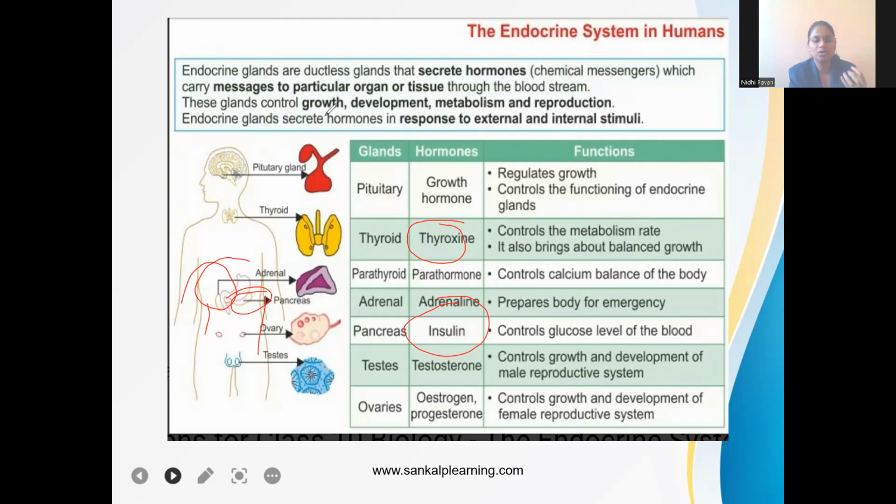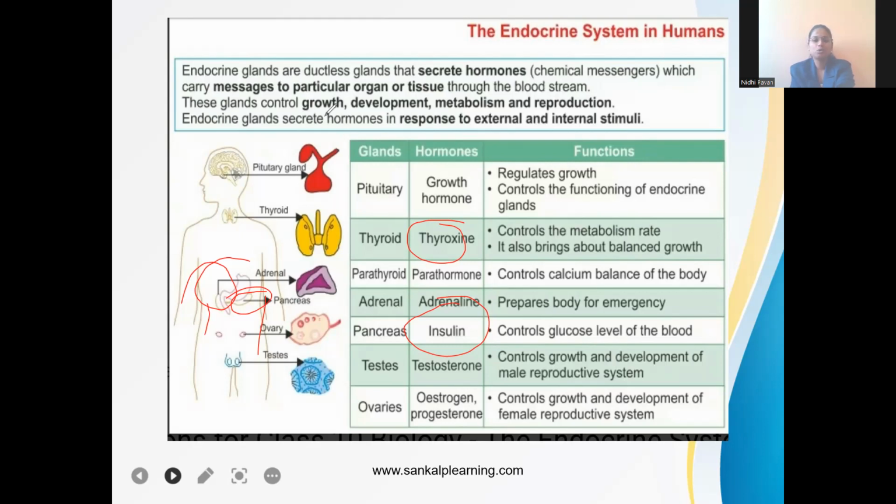Ovaries are the gonads of the female. They release two hormones, estrogen and progesterone. These two hormones are involved in the maturity or puberty of females, the release of the ovum from the ovary, the menstruation cycle, the monthly cycle, and they also play an important role during the pregnancy of the female.